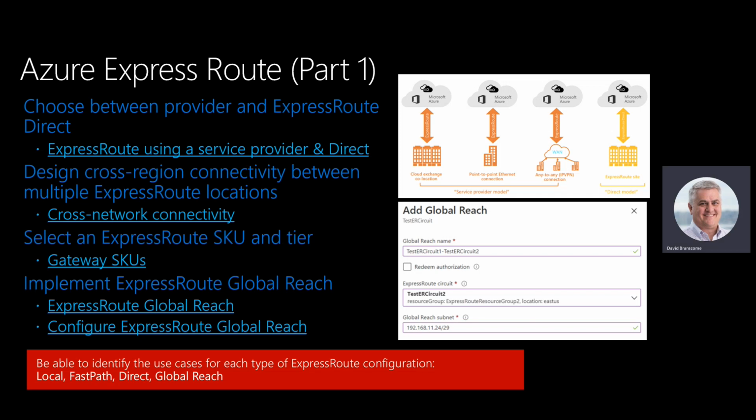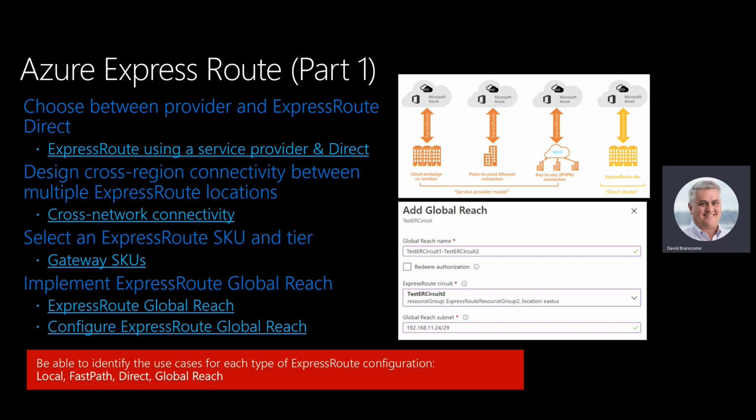The last topic on the slide here is ExpressRoute Global Reach. And so with ExpressRoute Global Reach, you can link ExpressRoute circuits together to effectively create a private network between your on-premises networks in different parts of the world. So what you could do is connect your on-premises data centers using Microsoft's private backbone network.